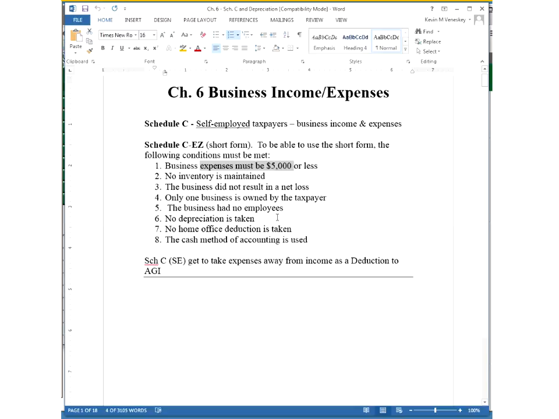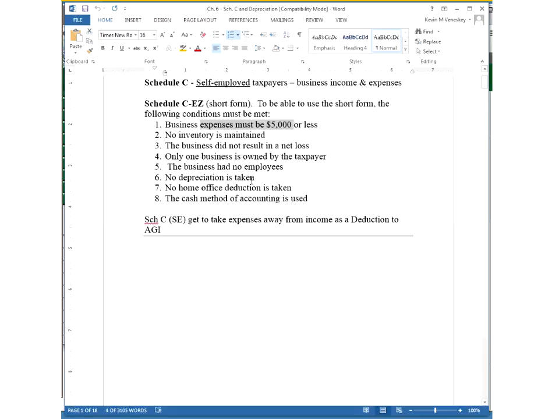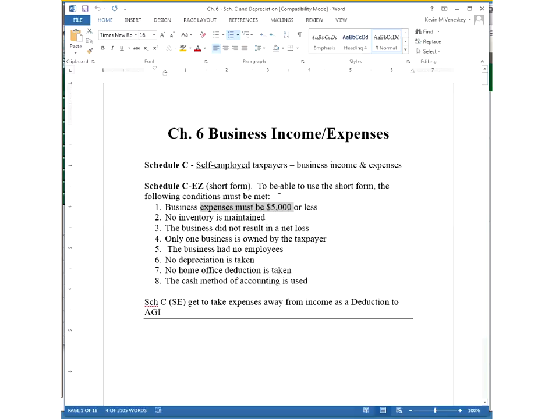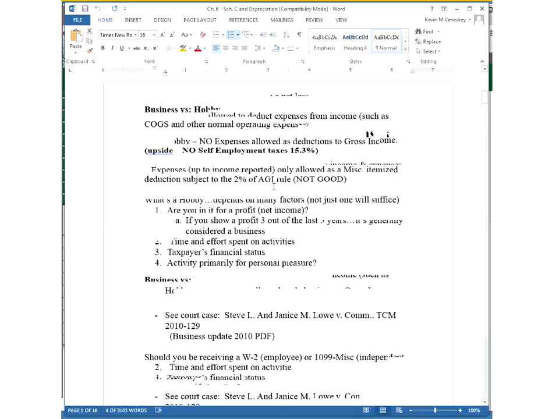No employees, so that takes out a lot. I mean, employees has a lot of different things that have to go along when you have payroll expenses that have to come out, so that becomes more complicated. You don't have any assets that you're taking depreciation on, so that's again a personal service business. So a lot of things is just for the bare bones business.